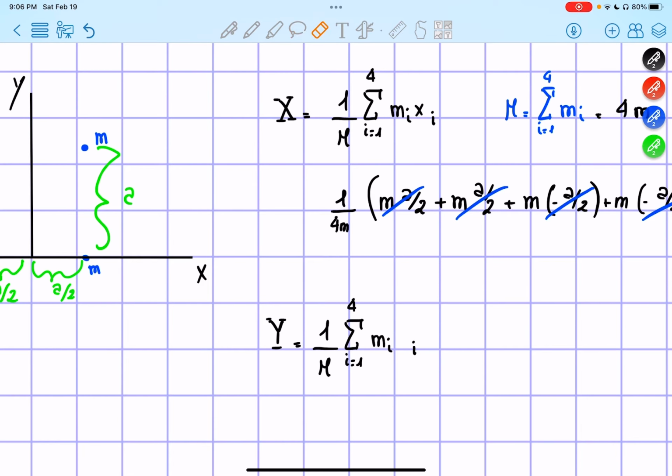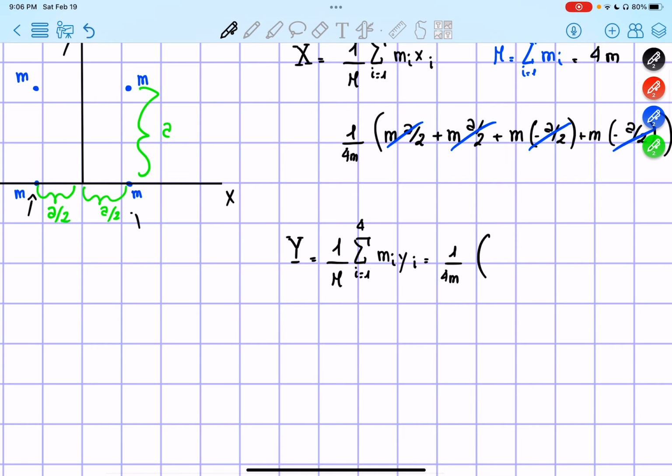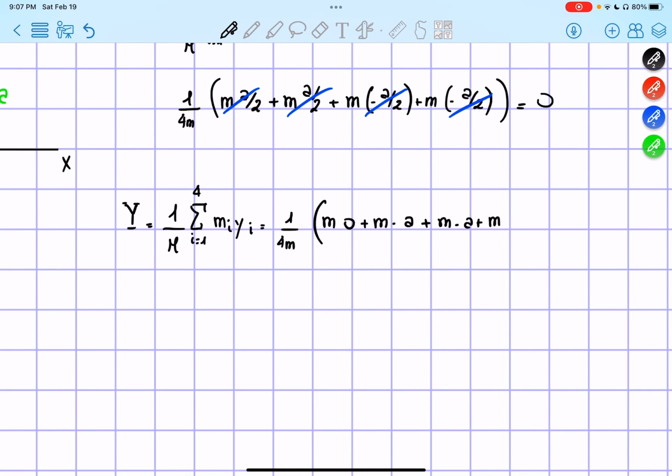So it's going to equal, again, 1 over 4m times, well, this part over here is m times the distance from the x-axis, which is 0, the value of this position on the y-axis, plus this mass over here, we'll cancel everything else, plus m times, in this case, the distance is a, plus the last one, which is m times 0.